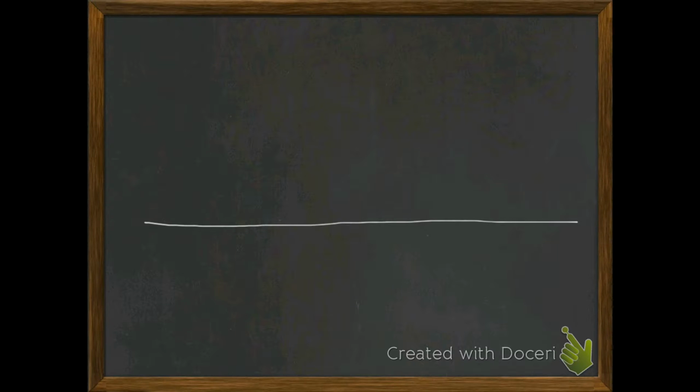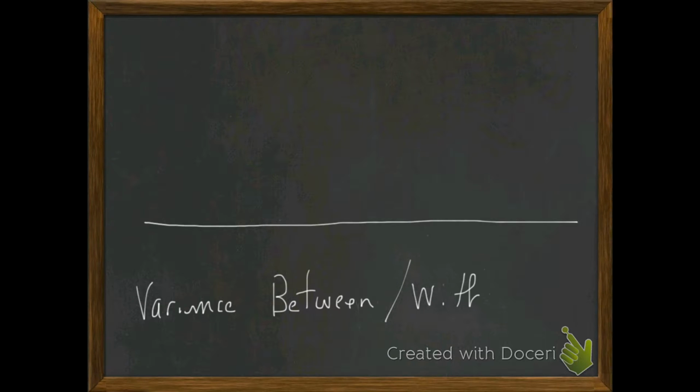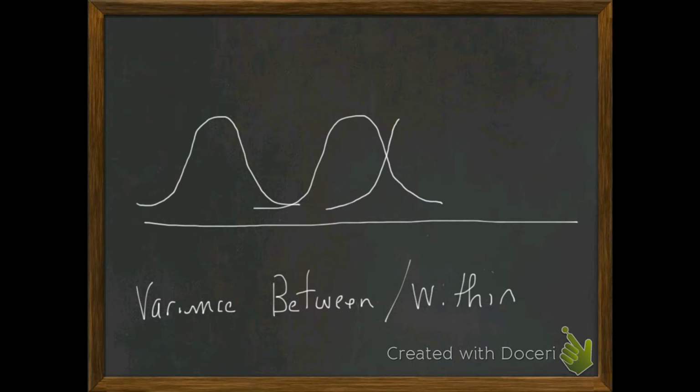He established what was called a variance between and a variance within. So if we have distributions and we come in each of these and draw a sample, we don't know where the sample is going to be in there.